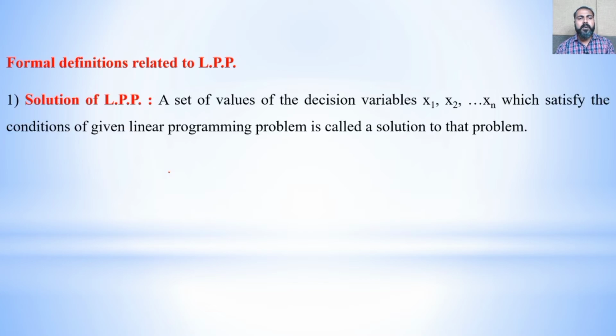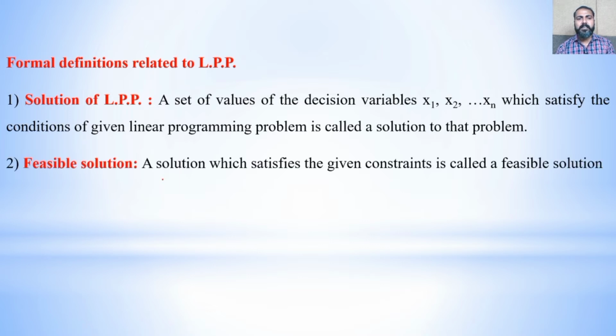Now we see formal definitions related to LPP. First definition is solution of LPP: a set of values of the decision variables x1, x2, and so on up to xn, which satisfies the conditions of the given linear programming problem, is called a solution to that problem.